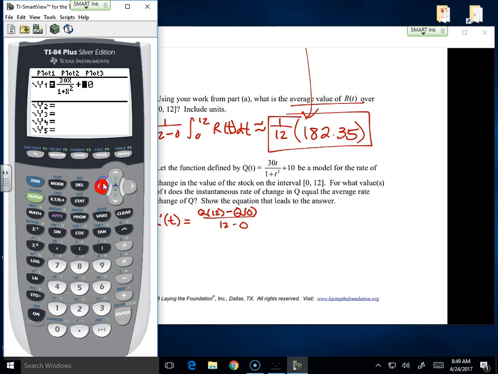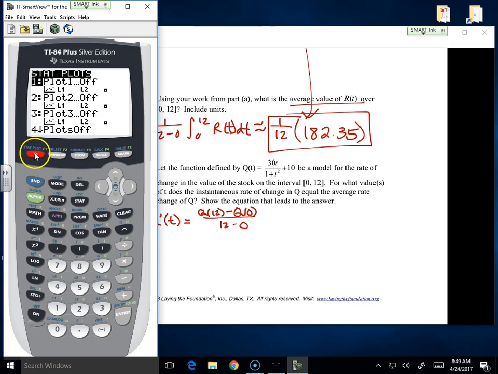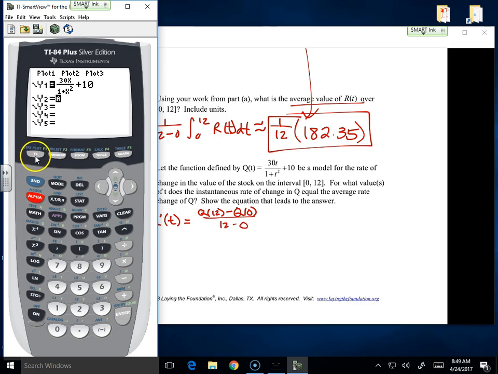Now, I'm actually not going to graph this, kiddos, because I don't care about Q of t besides using it for the formula. Maybe we could be snazzy. Maybe we can just put in the average value into our calculator.